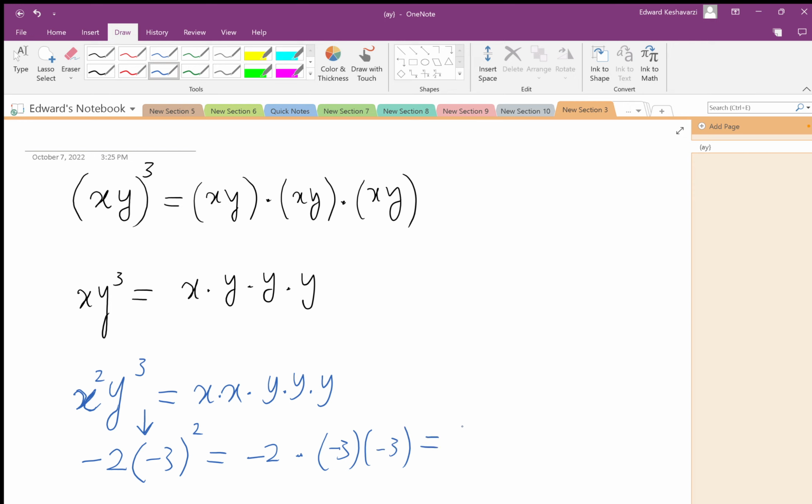The number of negatives is odd, therefore we will have negative, and 2 times 3 is 6 times 3 is 18. I hope these examples help you to understand better the meaning of the exponents and how it applies when we have brackets or when we don't.